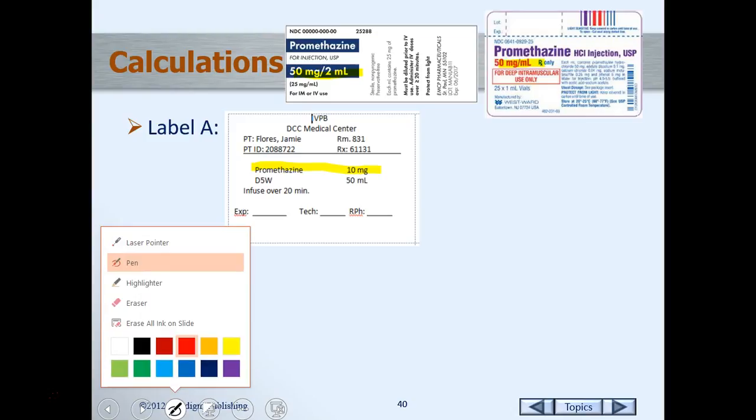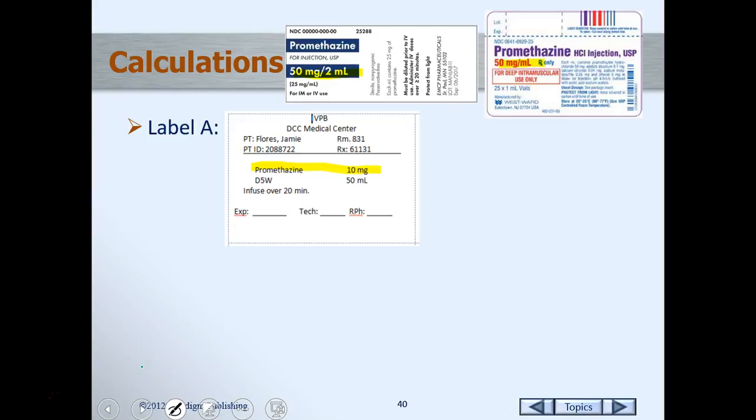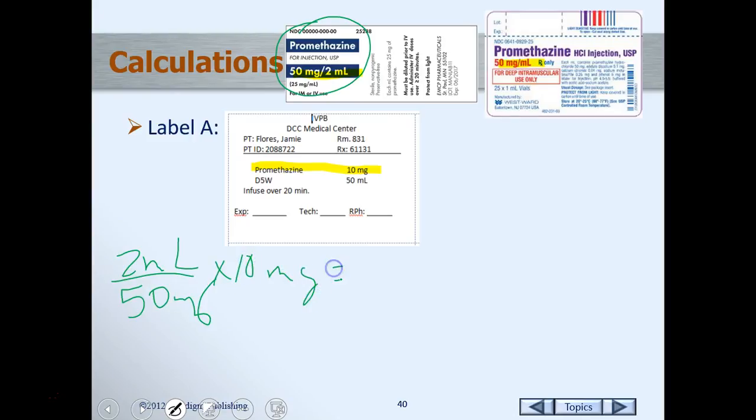So let's see, we'll use the green pen for the first one. All right, so if I'm using the promethazine 50 milligrams per 2 milliliter, I need to do my math and find out how much I would be measuring to give this amount.